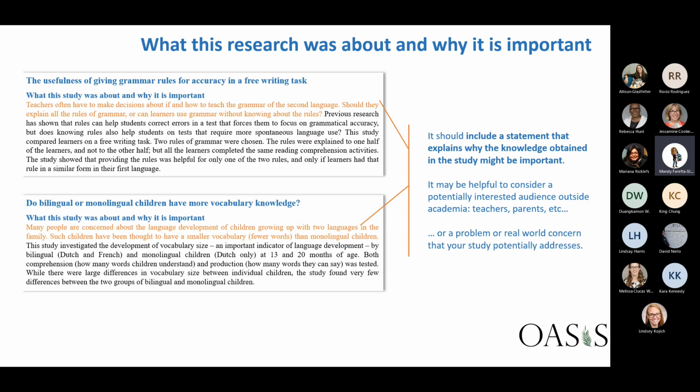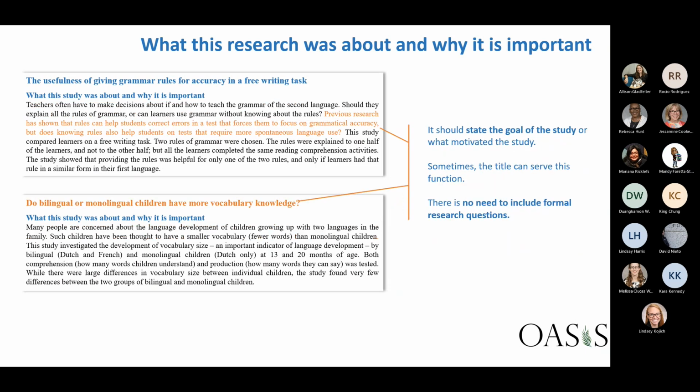And these are useful for preparing elevator talks about your work to present to outside audiences, people from outside of your specific field of study. All right. This what and why section is also going to clearly state the goal of the study or what motivated it. There's no need to include formal research questions, which again, we're not used to. So just very general, non-technical.